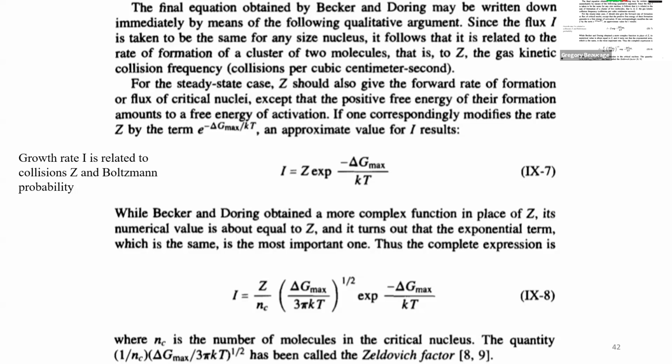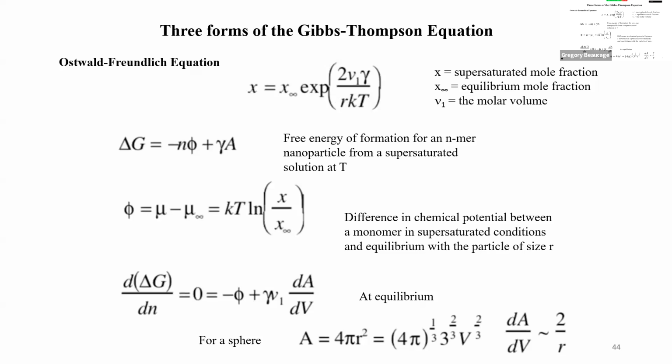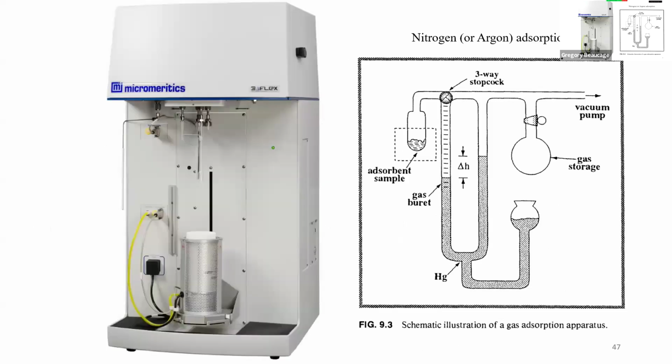So you end up with a maximum in the growth rate from crystallization. That's related to this nucleation thing going on. Anyway, three forms of the Gibbs-Thompson. So I went through those. That's kind of that business.